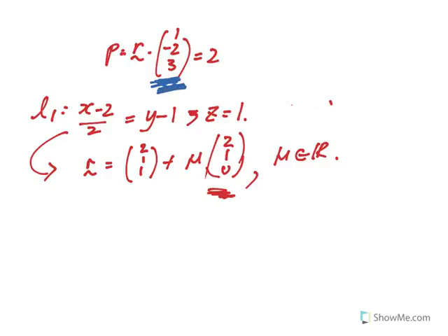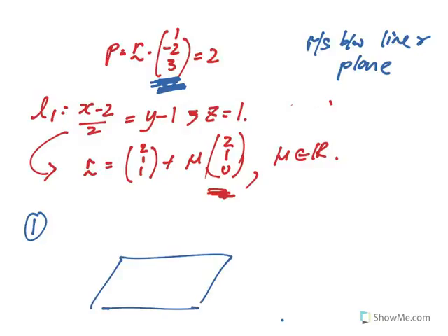Very quickly, the first thing we do is check. When we want to check the relationship between a line and a plane, one thing we can do is check whether they are parallel. How to check that? I give you a plane, and the normal is like that. There's a line.